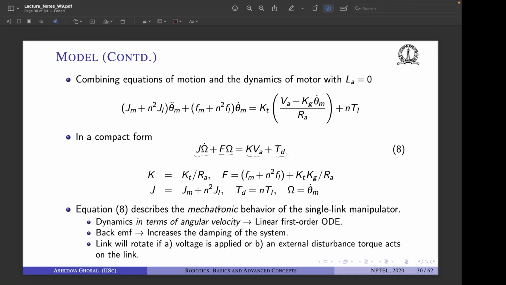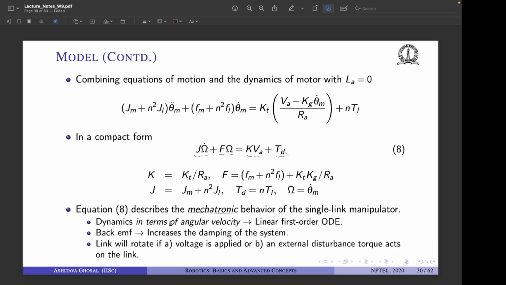Okay, so as I mentioned, this is the mechatronics, so mechanics plus electronics behavior of a single link manipulator, and as we see, this is a first order linear differential equation, because we only have the first order derivative of omega, and there are no nonlinear terms present here, right?